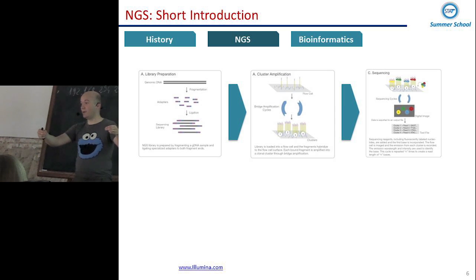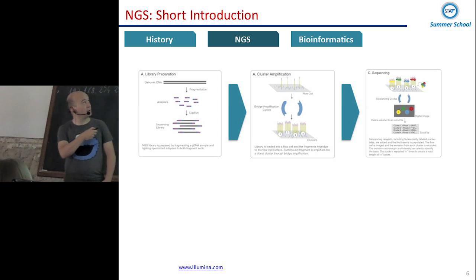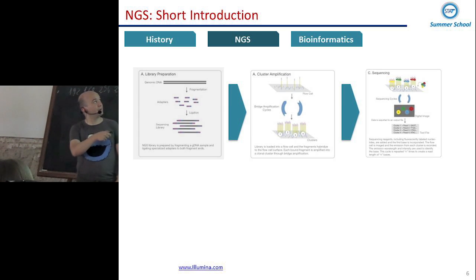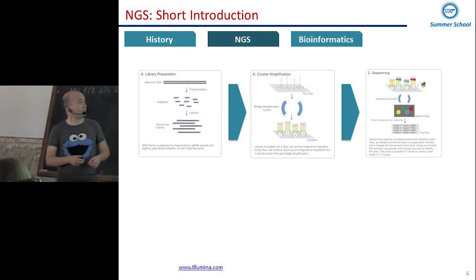So we cut the DNA or the RNA, and then we add adapters to the extremes. We can also add barcodes for demultiplexing.